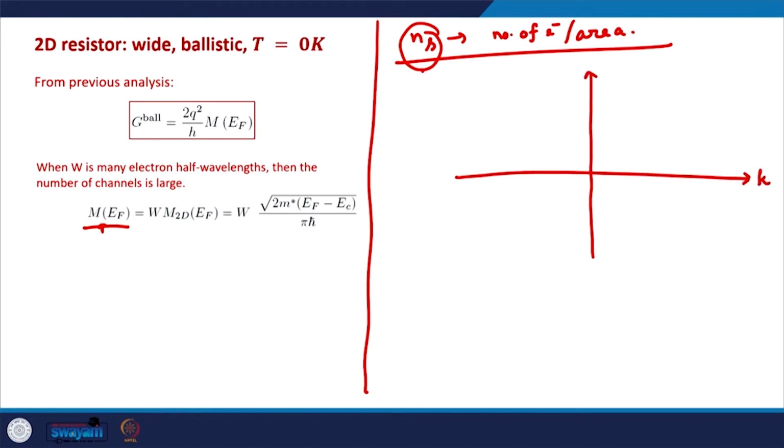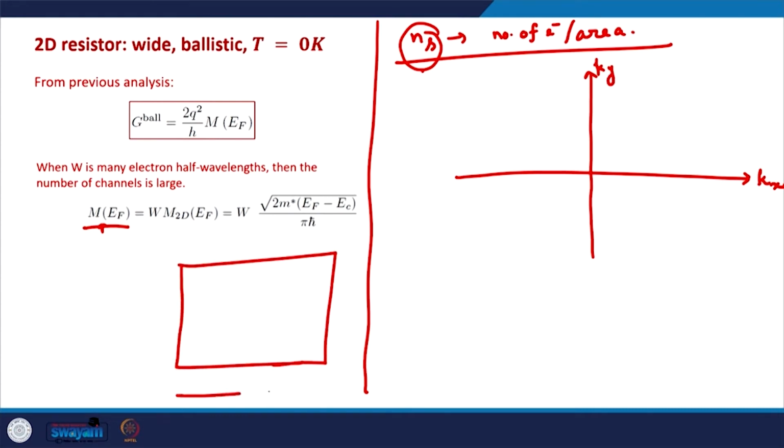So, this is kx, ky. The conductor physically looks like this. In the x direction it has a certain length, in the y direction it has a certain width.